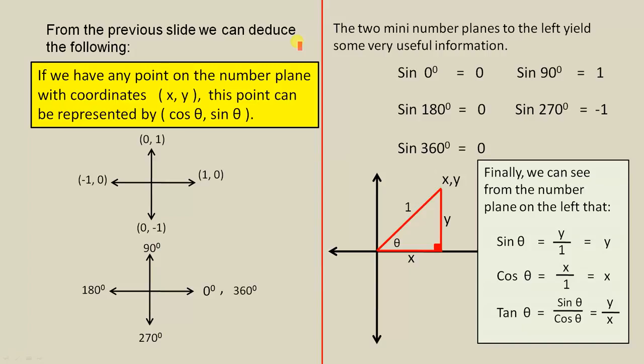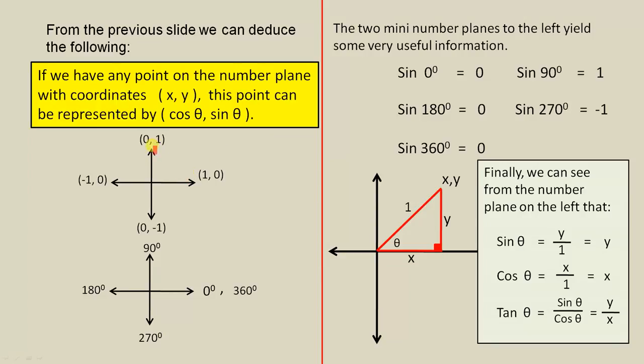From the previous slide, we can deduce the following. If we have any point on the number plane with coordinates x, y, this point can be represented by cos theta and sine theta.